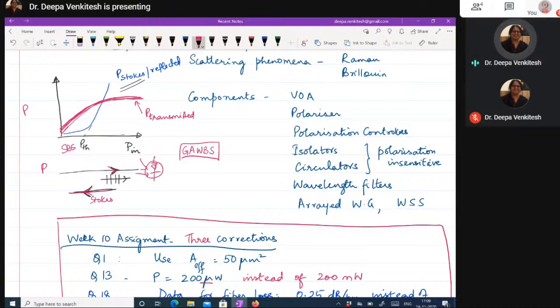Here what happens is, other than the longitudinal acoustic modes, along the length of the fiber, we had talked about acoustic modes which are propagating along the length. But if I look at the cross section of the fiber, there could be acoustic modes in the angular direction, or acoustic modes in the radial direction, right? Because of this, there could be some amount of Brillouin scattering happening in the forward direction.